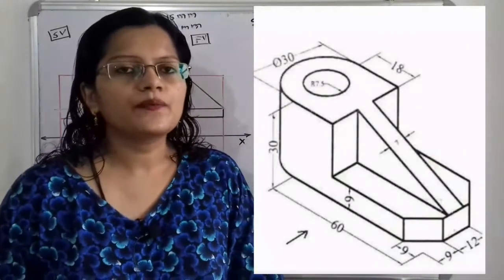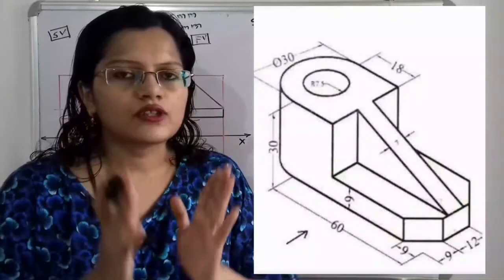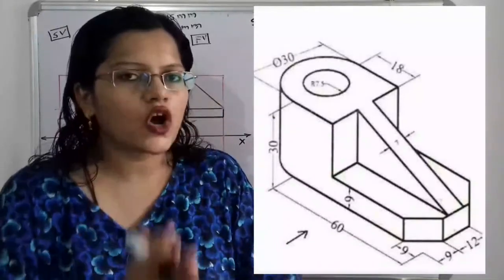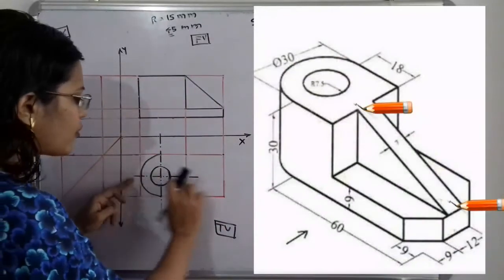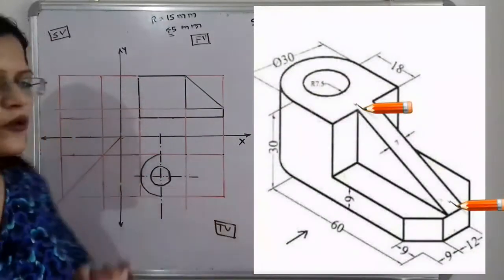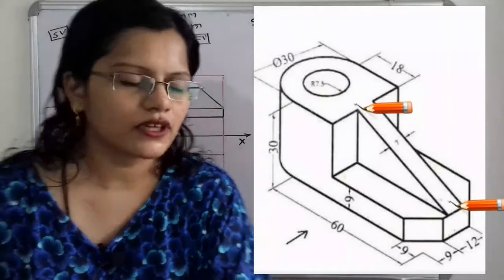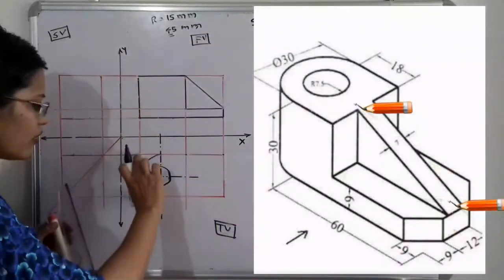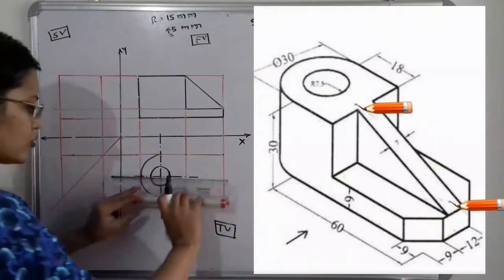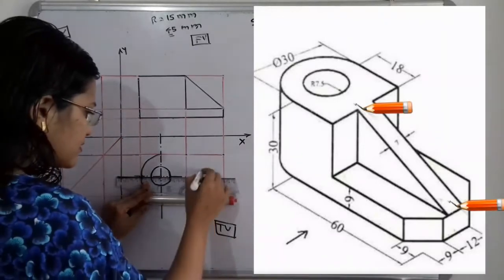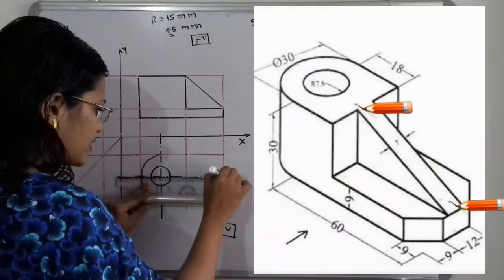Where is this slope or rib along the width? If we observe, this rib is passing through the middle point. From the middle point of this width, there is the center line which is passing through. Now I will extend this center line in the form of dash and dot.